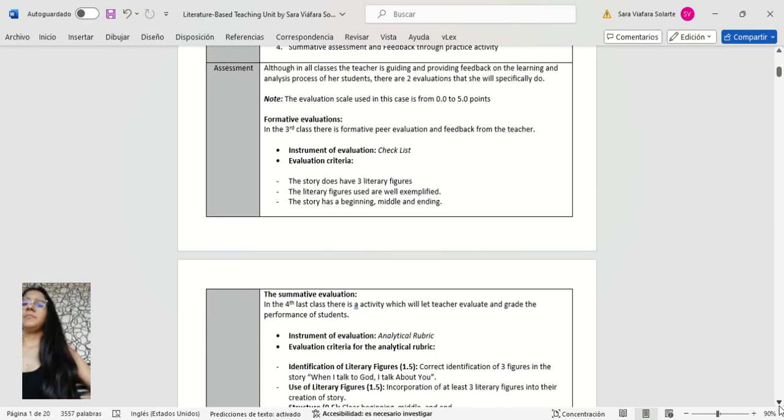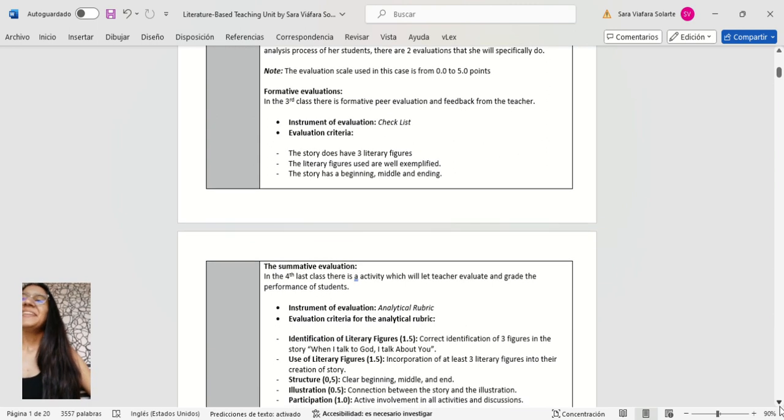About the assessment, although in all classes the teacher is guiding and providing feedback to the students, there are two specific evaluations, the formative and the summative. As I said, the formative is in the third class, and for this we have a checklist. The evaluation criteria are these ones.